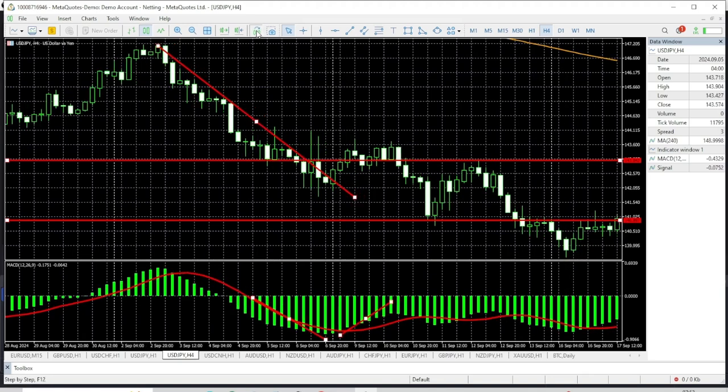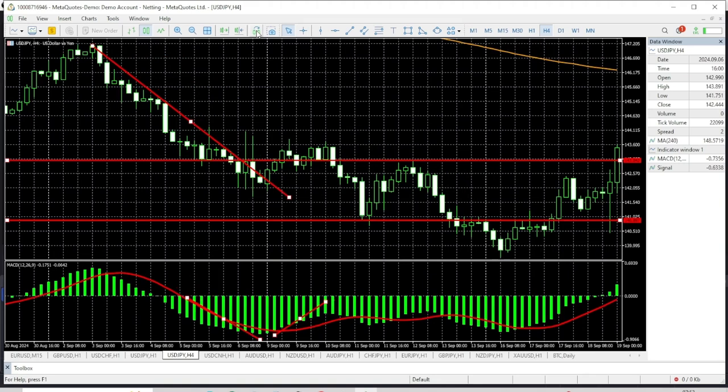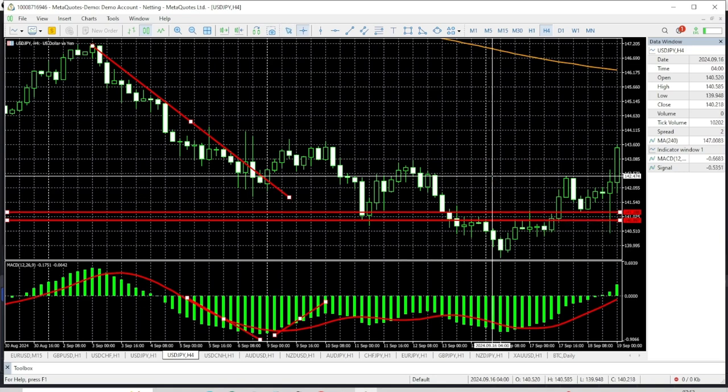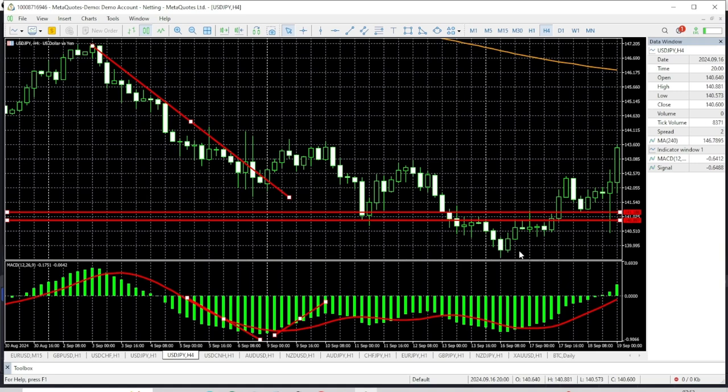The market keeps going. And then at this point again, 1, 2, 3 here, we reduce the stop loss again, and then we'd have taken some profits down here as the market was going down.